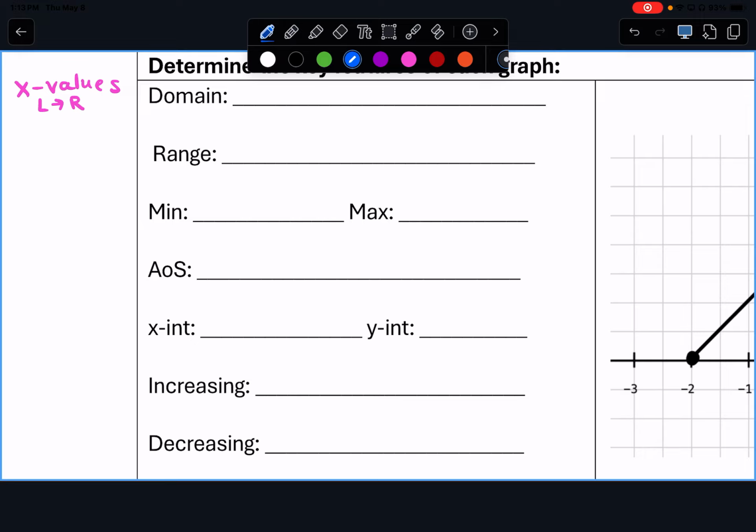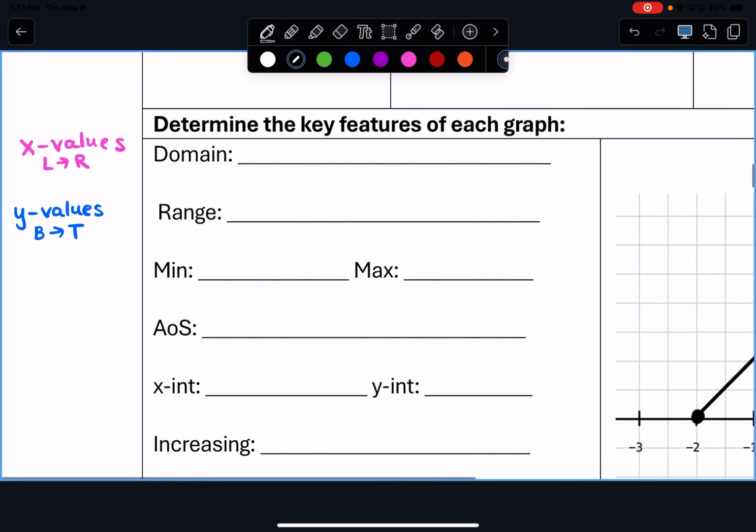For our range, we are going to use our Y values, and we're going to go from bottom to top. If you have an open circle or infinity, you use parentheses. But if you have a closed dot, you use a bracket.